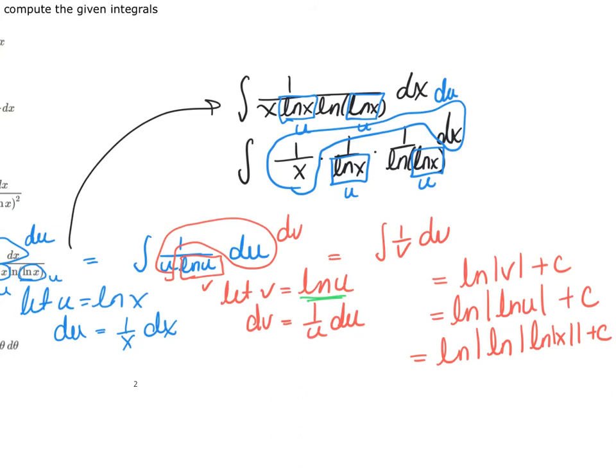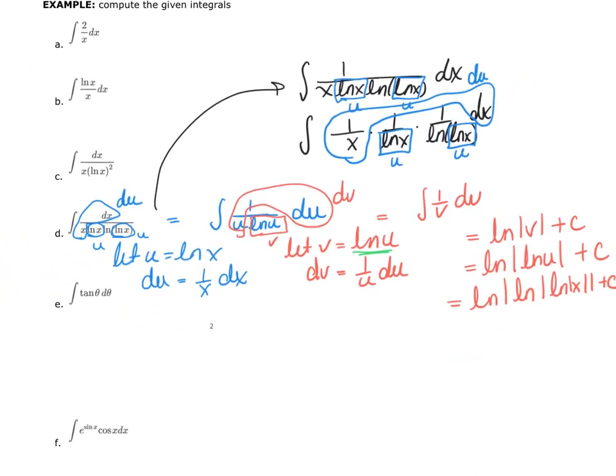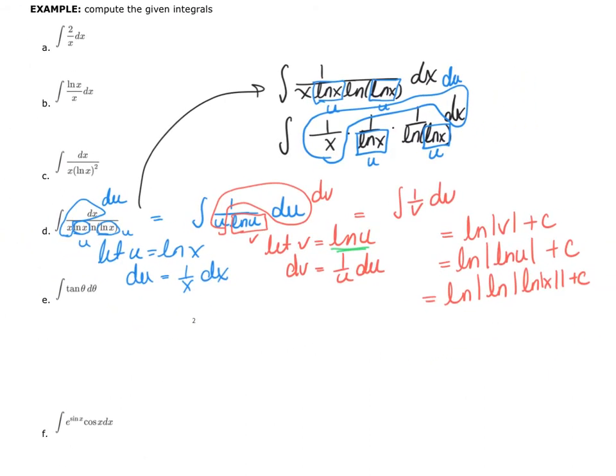All right. Now, if there's no questions on that, I'm just going to wait. If there are no questions on that, then as a hint for E, you're going to rewrite it using how tangent is defined in terms of sine and cosine. So this is the integral of the sine of theta over the cosine of theta d theta.